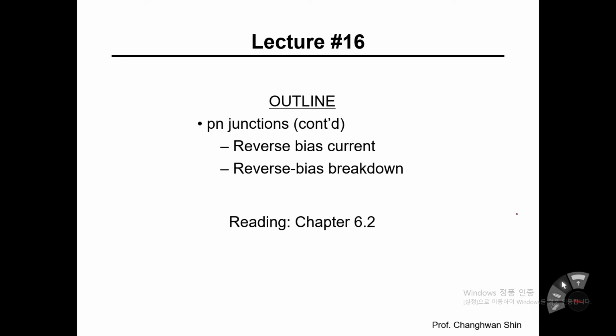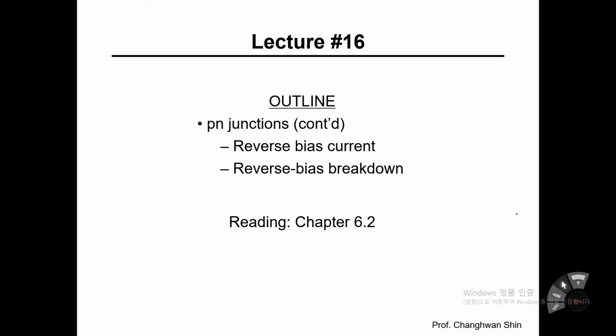Think about that, especially in the depletion region as well as near the depletion region. Well, if you have more time, please imagine how electrons and holes are distributed under reverse bias as well.